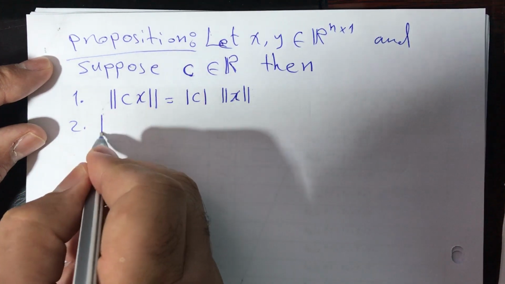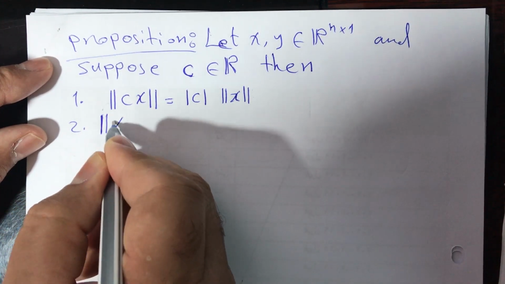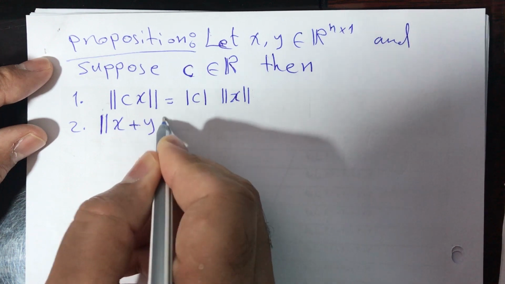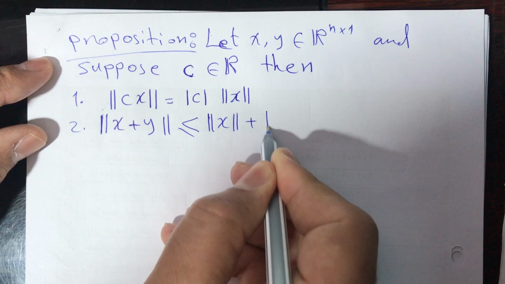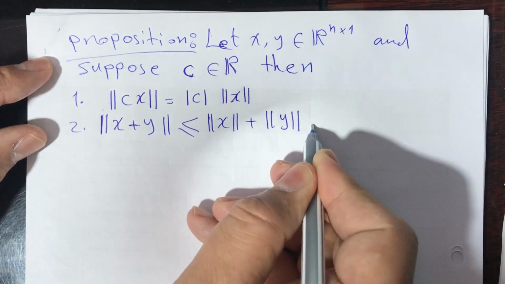Number 2, the norm of x plus y is less than or equal to the norm of x plus the norm of y.